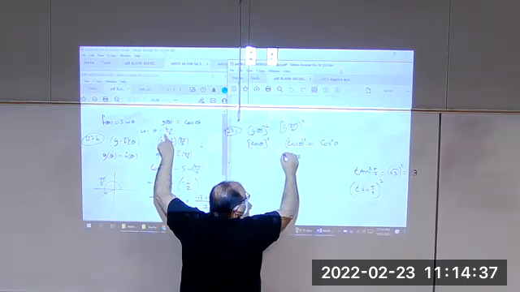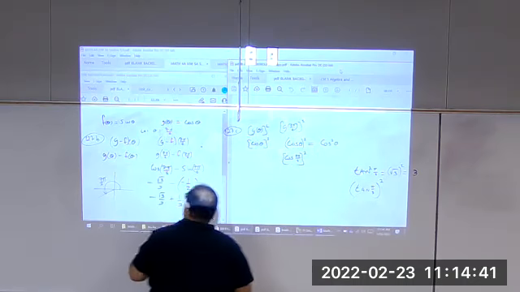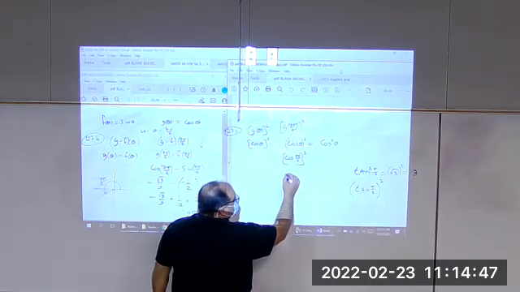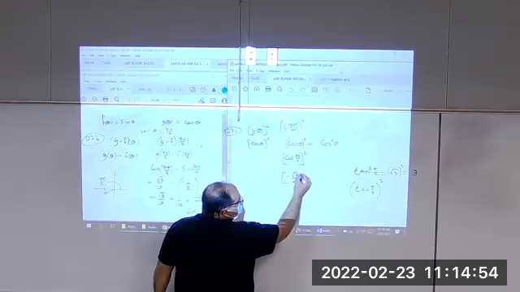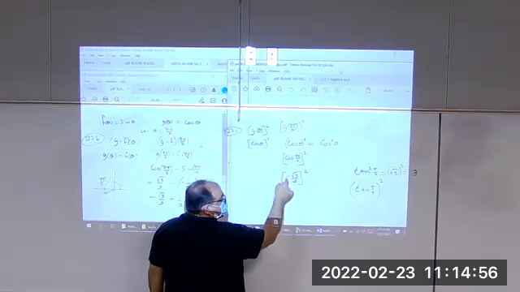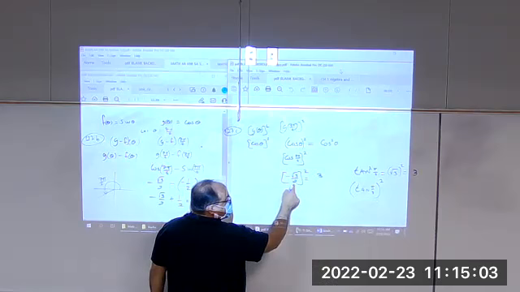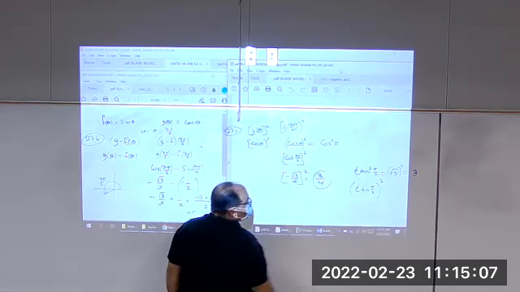The cosine of 7 pi over 6 we worked out over here. Cosine of 7 pi over 6 was negative square root 3 over 2. And then you square it. A negative to the second is a positive. If you square your square root 3, you get 3. If you square the 2, you get a 4. So this equals 3 over 4.